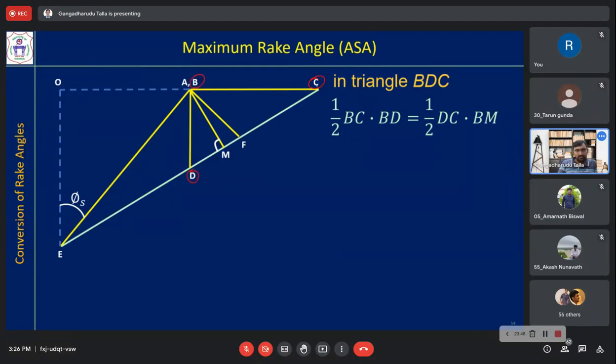Now consider the BDC triangle. We are calculating the area. Half BC into BD gives the area of the triangle, base into height. That is also equal to half DC, taking DC as the side, and the height will be BM.